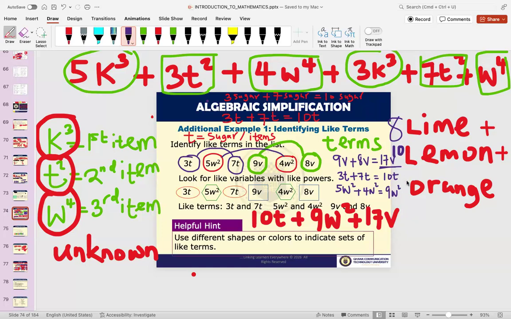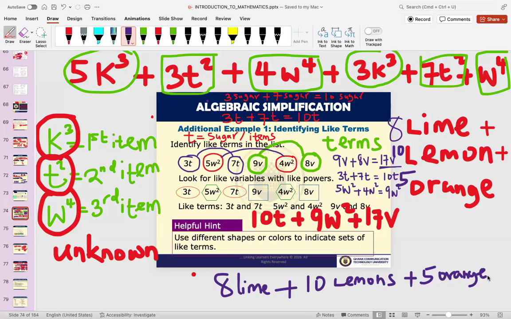When I put it together, I have 5 oranges. So now the story is complete, that you have 8 pieces of lime in addition to 10 pieces of lemons and then 5 oranges.